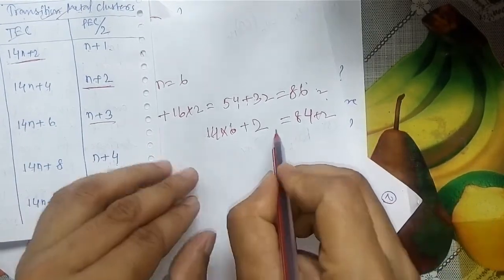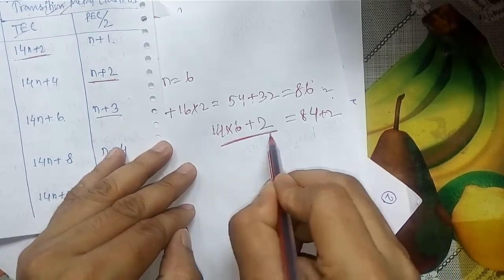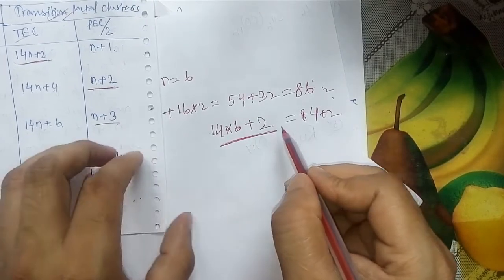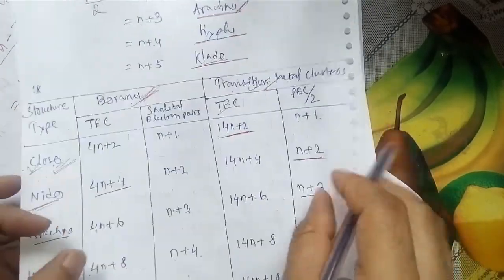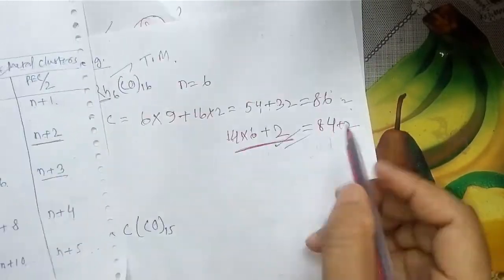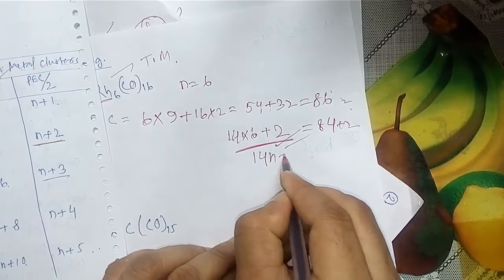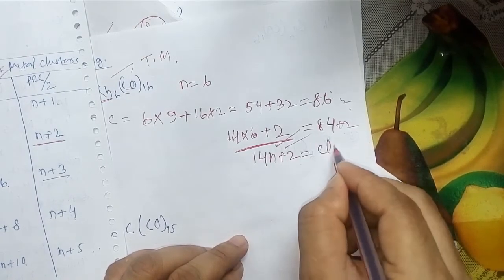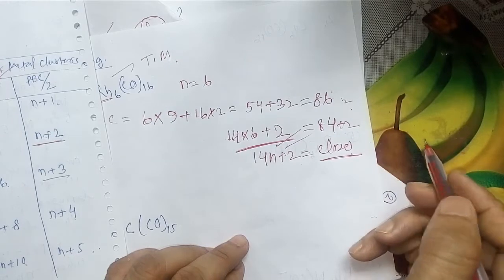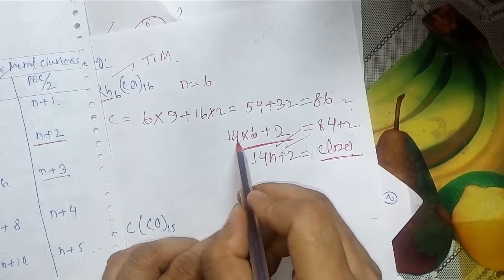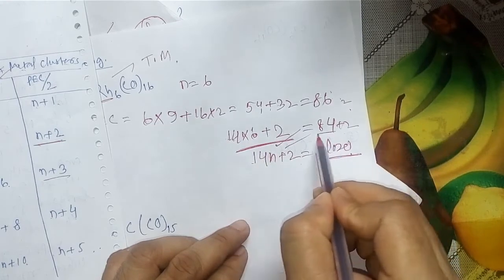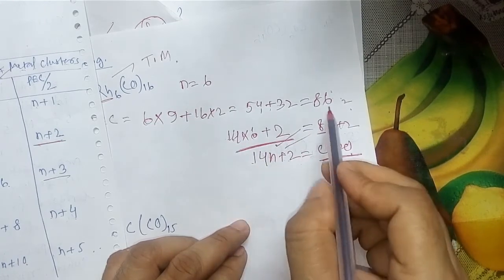That means this is a closo structure. So 14n plus 2 equals closo structure. Here the n value is 6, 14 into 6 is 84, 84 plus 2, then 86.